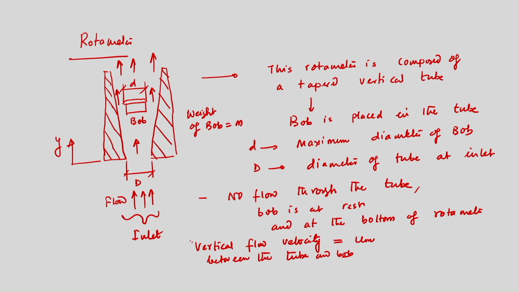Now, this is the mean vertical flow velocity between tube and bob.